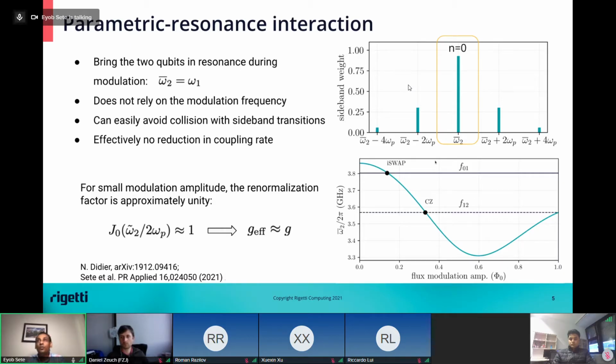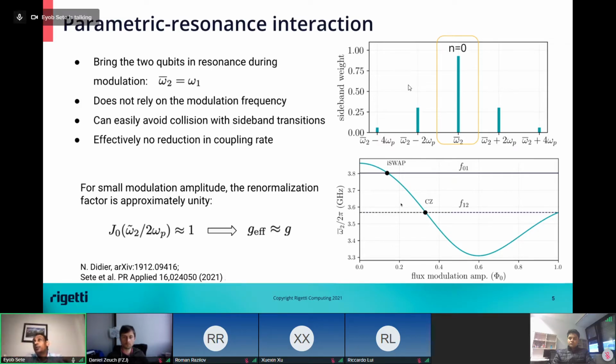One of the advantages of this is that if you choose the frequencies of the qubits to be close to each other, of the order of 100 megahertz, the weight for the center band is almost 1. That means recovering the bare qubit-qubit coupling. The other advantage is that I can choose any modulation frequency.